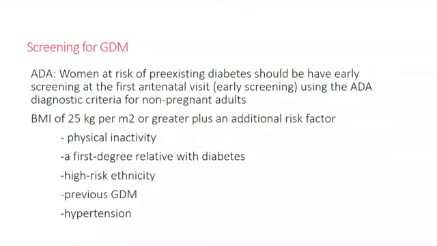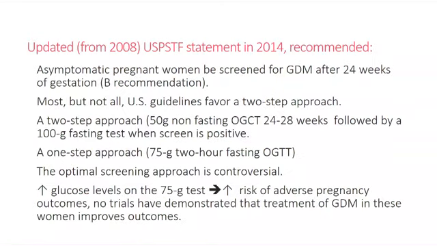Those are women with BMI 25 or greater, plus any risk factor: physical inactivity, relative with diabetes, high-risk ethnicity, previous GDM or hypertension. So these are what you're going to gauge, to decide who to screen. At the first visit, you're looking at risk factors, and performing the first trimester screen.